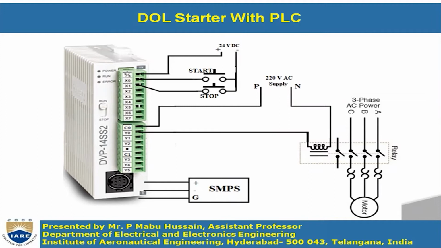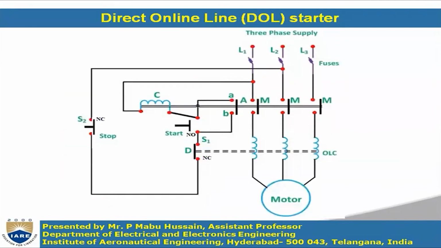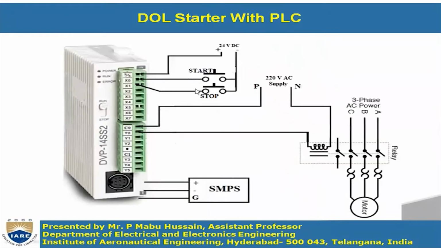In the previous circuit, the start button is NO and the stop button is NC. NO is normally open and NC means normally closed. But for PLC, you can use both as normally open only, so that you can write the program.